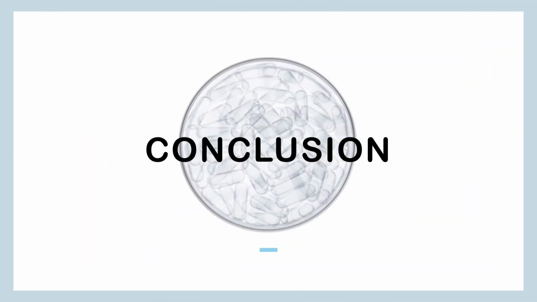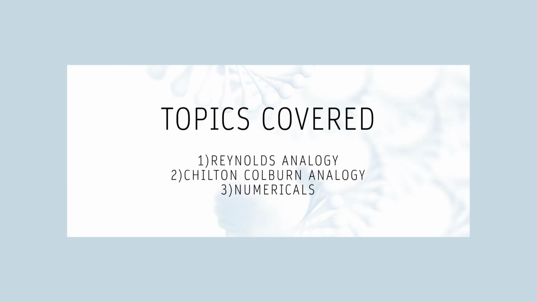So, as we have come to the end of our podcast, let's take a moment to reflect on the importance of what we have covered and let's conclude our podcast. The topics covered in our podcast are Reynolds analogy, Chilton-Colburn analogy, and numericals based on these two analogies. We also saw the physical interpretation of friction factor, heat transfer coefficient, and mass transfer coefficient before deriving these two analogies.